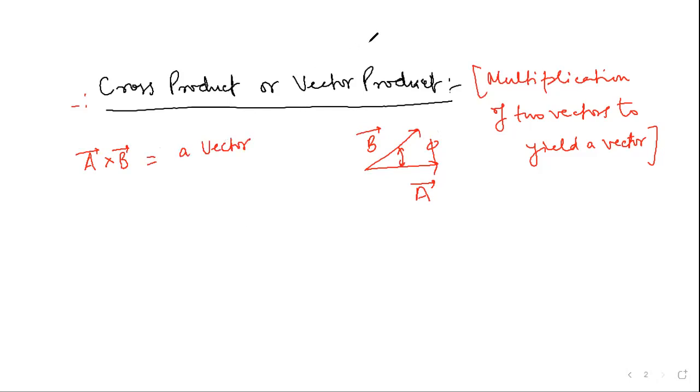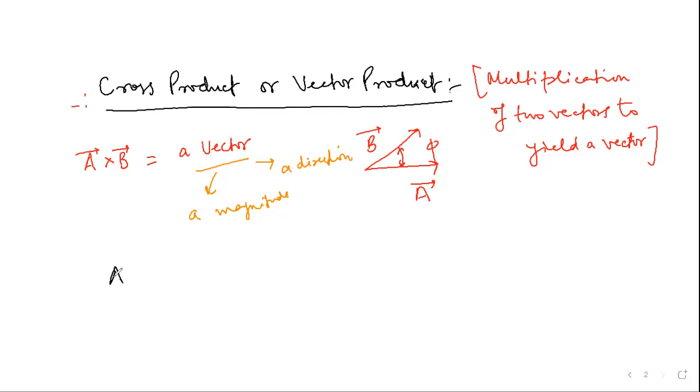So if it is a vector, then it will have a magnitude and a direction. How we define the magnitude and direction of this A cross B vector? First we discuss its magnitude. Then we move to direction.